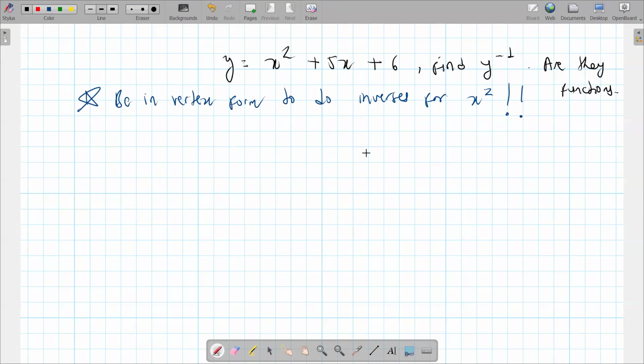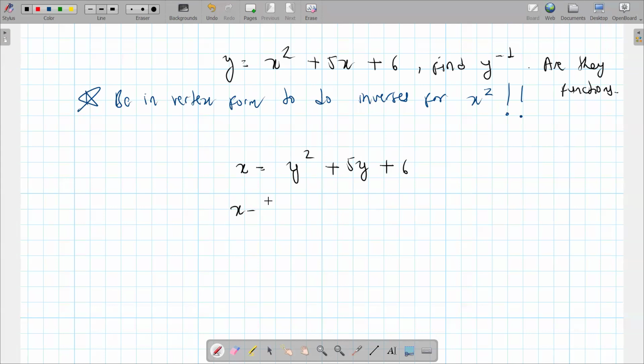Why? Let's see why. Let's do it the way we've been doing it. Let's just switch x and y's. I don't think it's the end of the world, but let's see. You get something like this. How do you solve for y there? You can't.